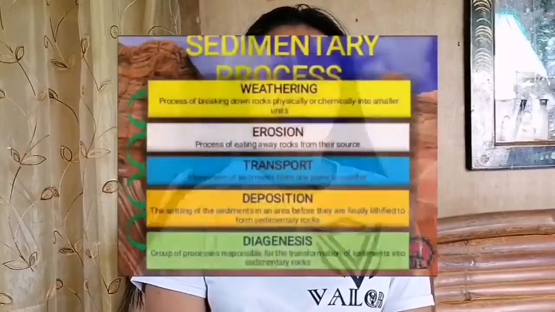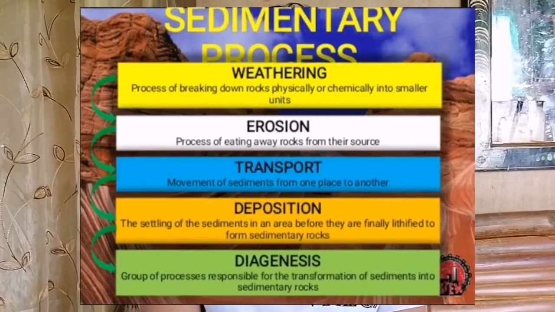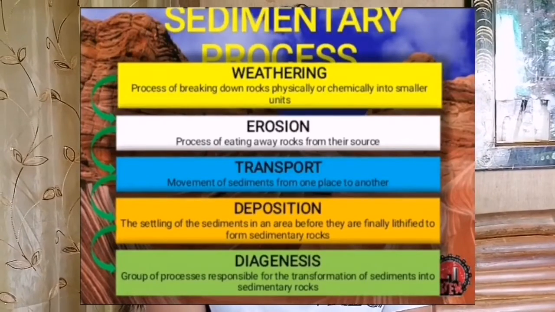So let us presume that the chocolate bar is the igneous rock which undergone the sedimentary process, which are weathering, erosion, transport, deposition, and diagenesis. Those processes can cause the formation of sedimentary rocks. An example of sedimentary rock is coal.